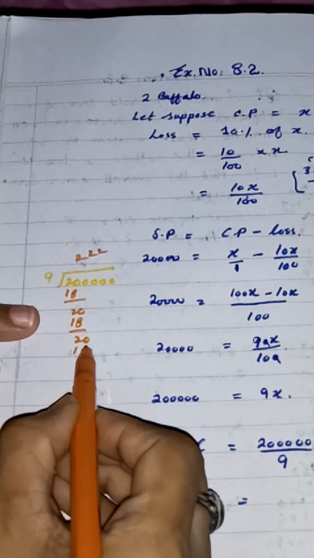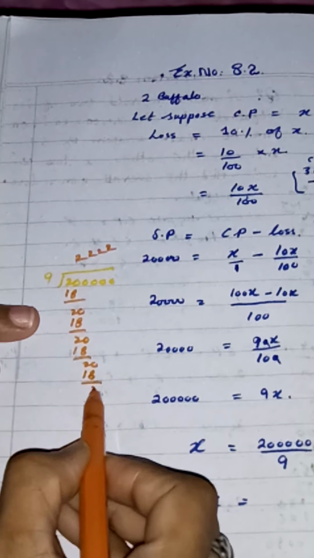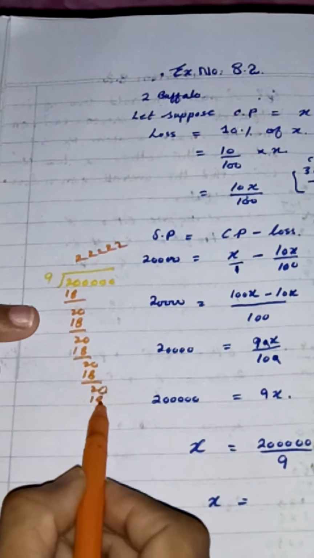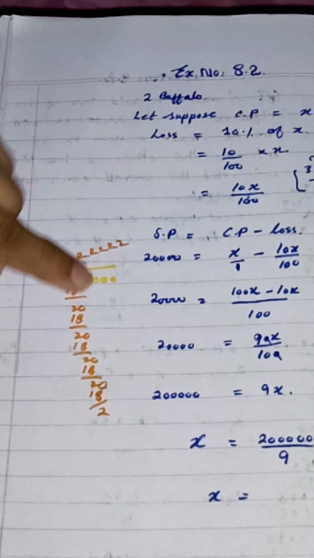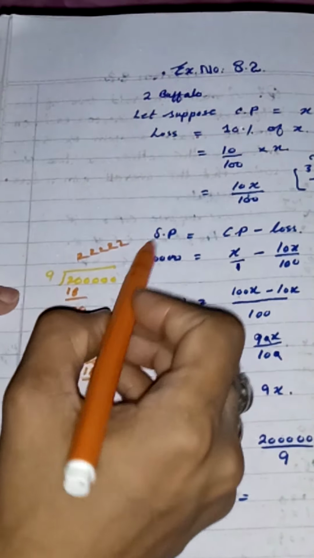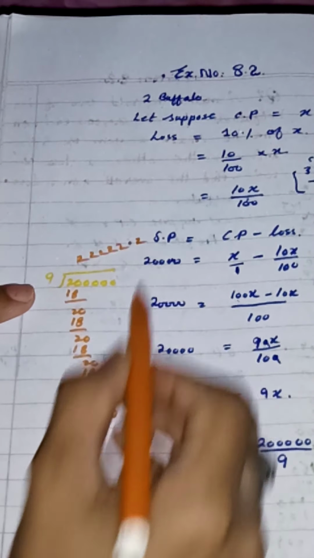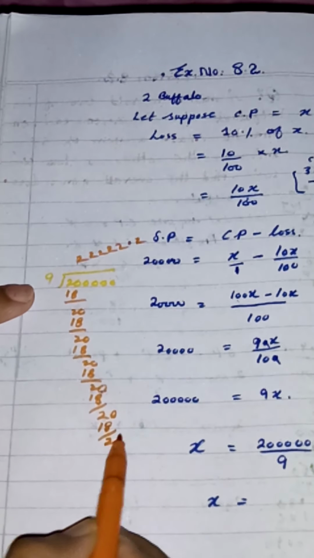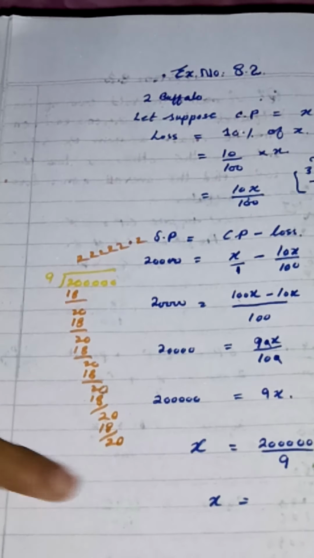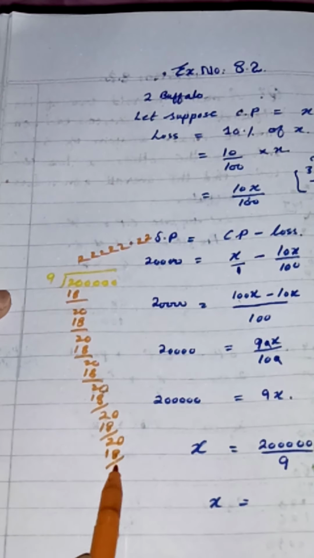Now all the zeros have finished, so after the decimal we can take 0, and we can take one more 0.